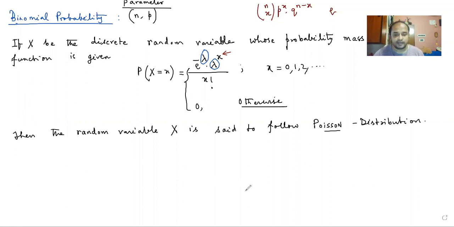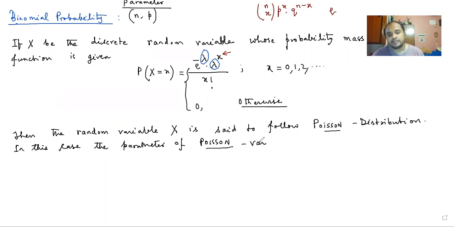So in this particular case, the parameter of the Poisson variate X is lambda. But what is lambda actually?